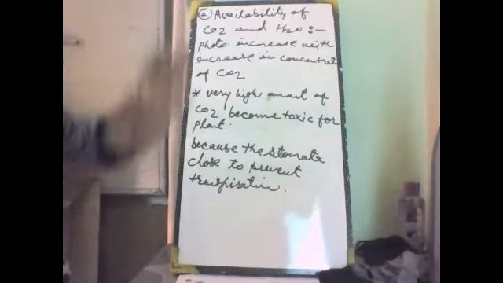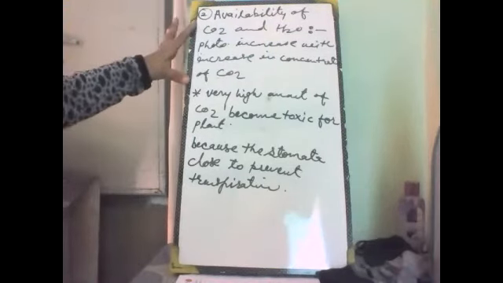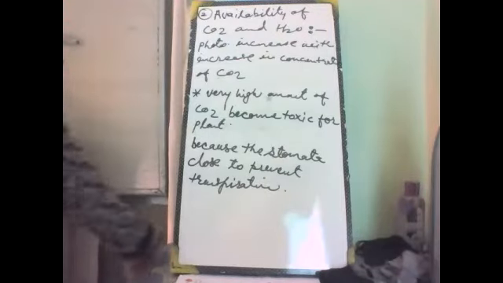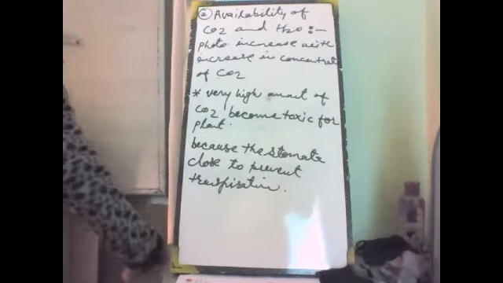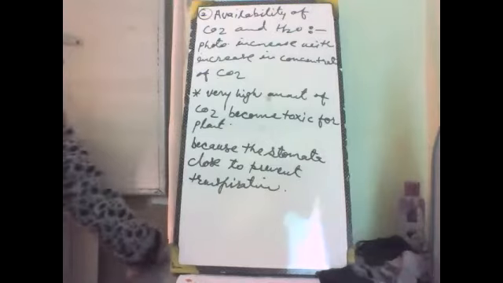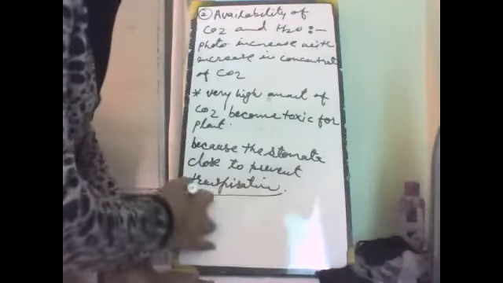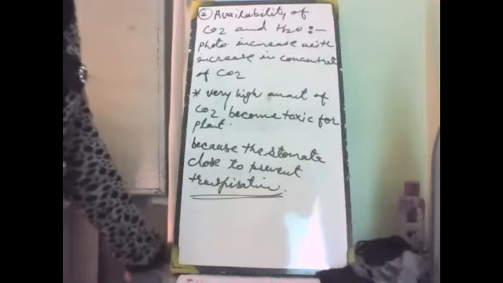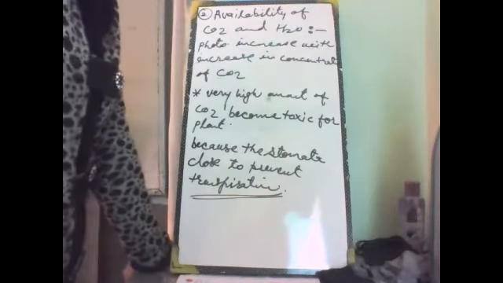The amount of carbon dioxide increases the rate of photosynthesis, but when the concentration of carbon dioxide is very high, it becomes toxic for the plant because the stomata close to prevent the transpiration. It means the transpiration does not take part there. Due to this, the carbon dioxide becomes toxic for the plant.